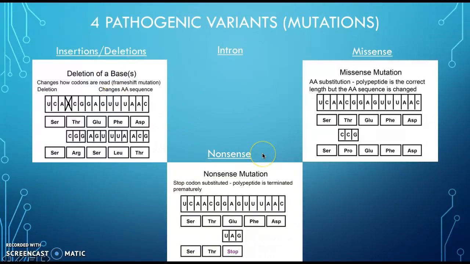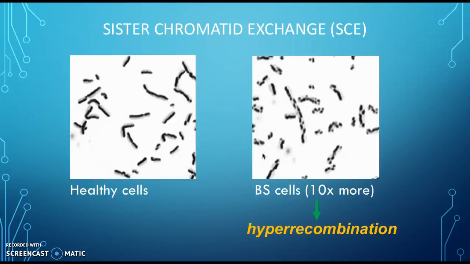These mutations cause an increase in chromatid gaps, breaks, and rearrangements, as well as quadradial configurations. Sister chromatid exchanges, or SCE, is what happens when there's chromatid rearrangement. It is the exchange of genetic material between 2 identical sister chromatids during mitosis. In healthy cells, SCE is not common, occurring in only a few chromosomes.